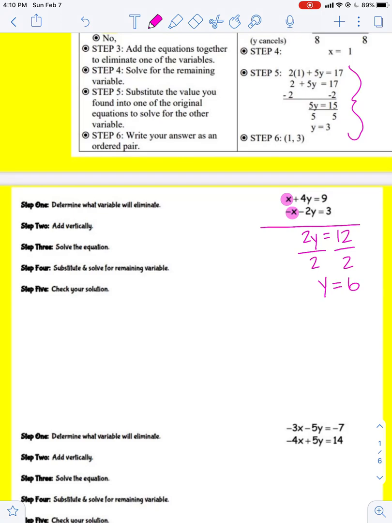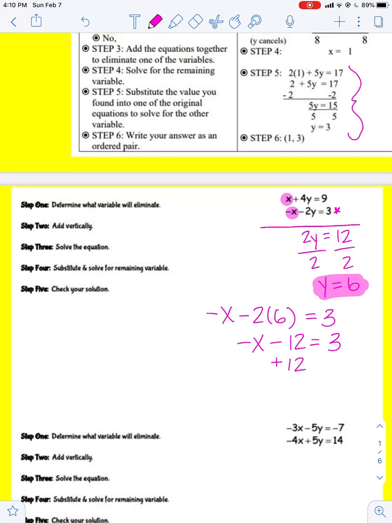Now all I'm going to do is plug my value for y in to solve for x. I'm going to use this equation right here. So I'm going to say negative x minus 2 times 6 is equal to 3, because I have my solution for y right here. That's going to give me negative x minus 12 is equal to 3.